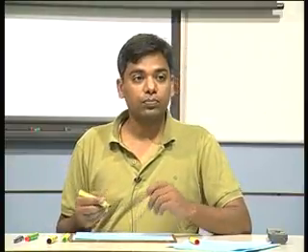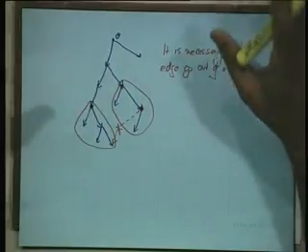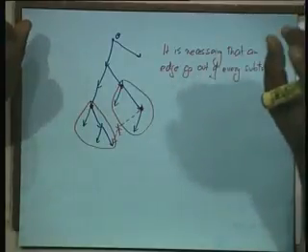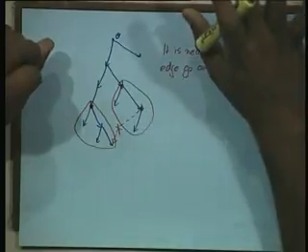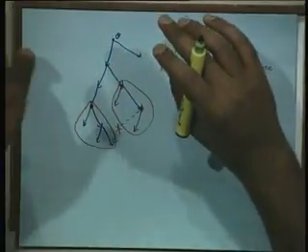So what am I going to do? See, from the root I can reach every vertex. Now all I have to show you is that from every vertex I can reach the root. If I can reach the root from every vertex, I am done. Because then how do I find a path between x and y? I go from x to the root, and from the root I go to y.